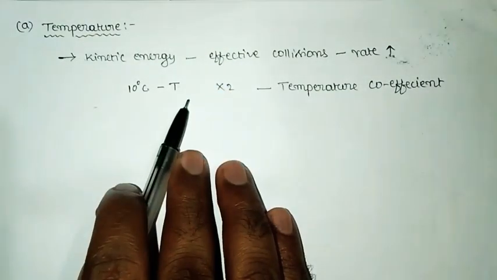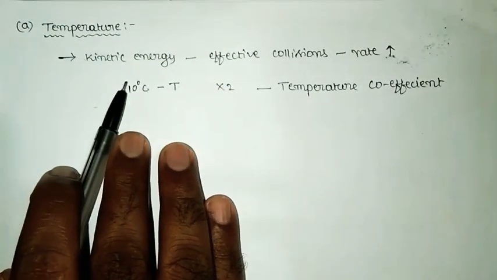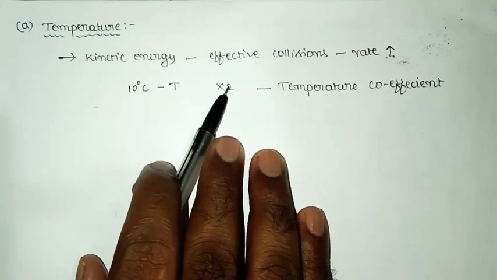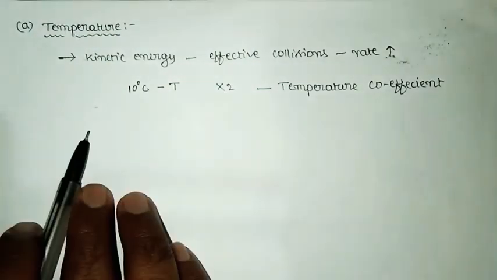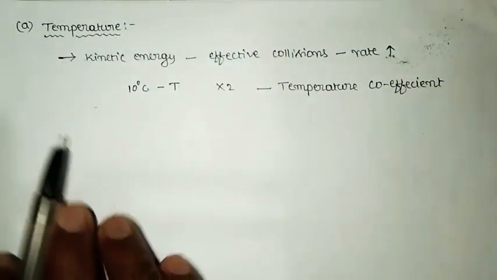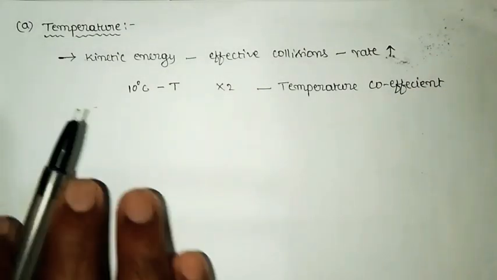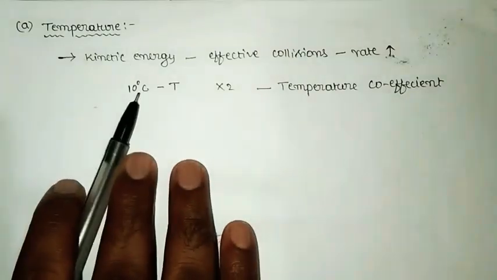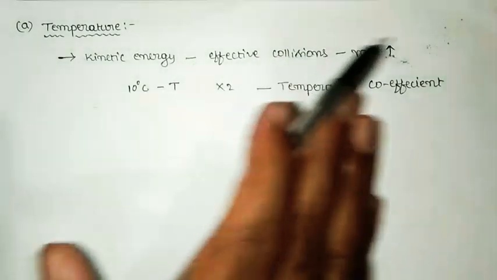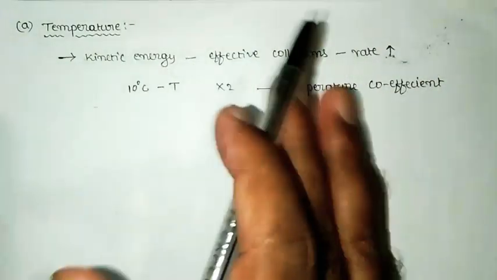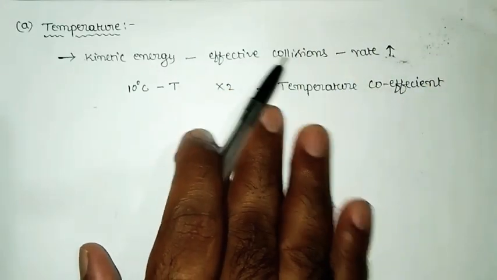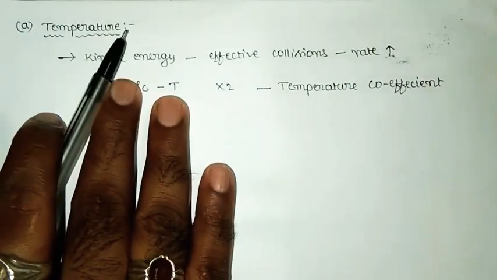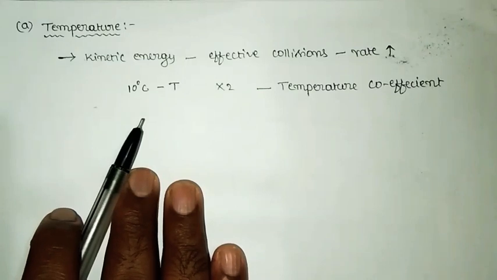Like a normal chemical reaction, the rate of an enzyme catalyzed reaction is also influenced by temperature. But the difference between a normal chemical reaction and an enzyme catalyzed reaction is that in a normal chemical reaction, with increase in temperature, the rate of reaction will go on increasing. But that cannot happen in the case of an enzyme catalyzed reaction.